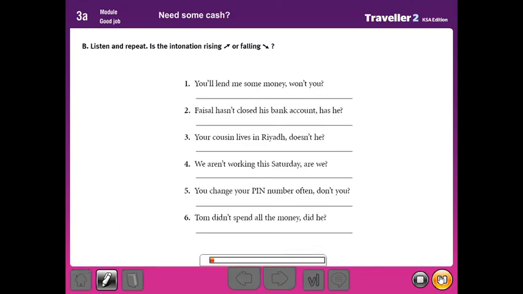B. Listen and repeat. Is the intonation rising or falling? 1. You'll lend me some money, won't you? 2. Faisal hasn't closed his bank account, has he? 3.